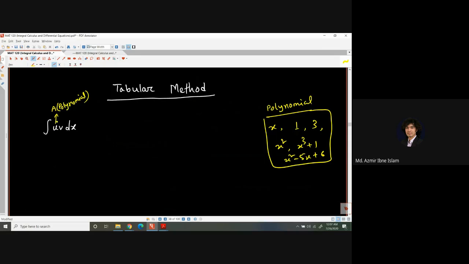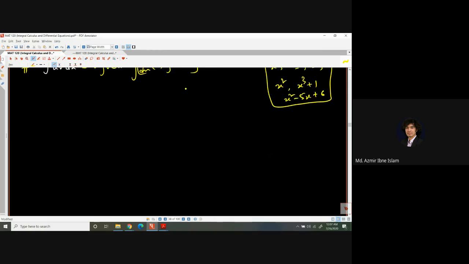If we have a combination of a polynomial function and some other part, then instead of applying the integration by parts technique, we can also solve the same integral by using the tabular method.